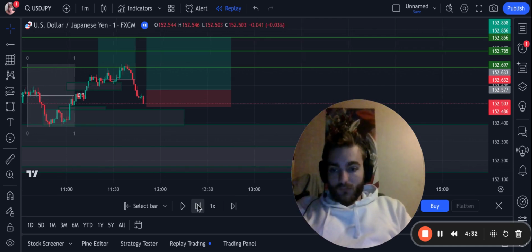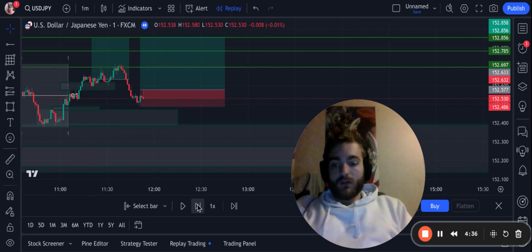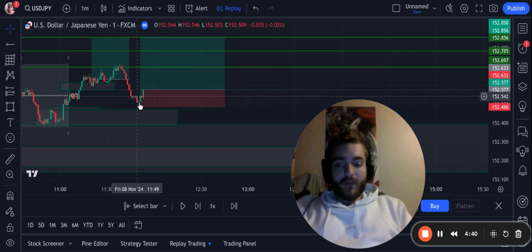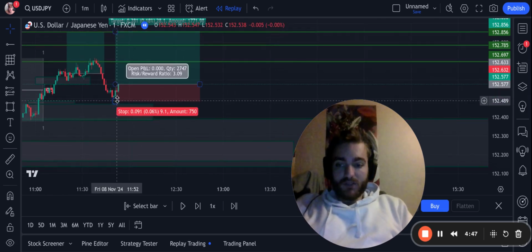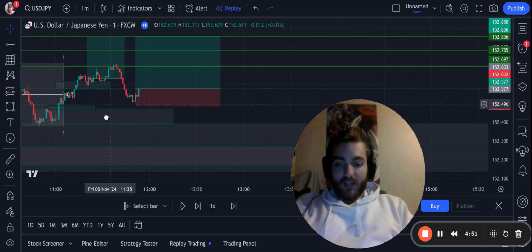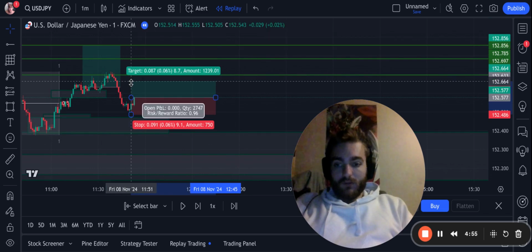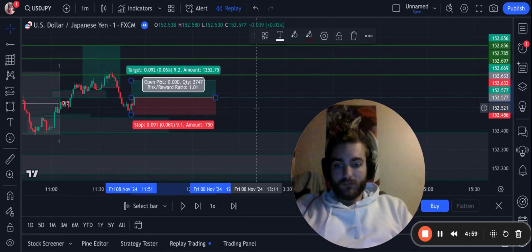So price gives us a break of structure to the upside here. So just based off of that break of structure within the 5-minute confluence, we can enter. I put my stop loss underneath the low and underneath the equilibrium, and then I just let it ride. First take profit is going to be at the 1 here.